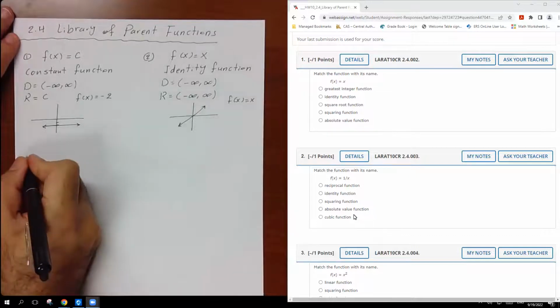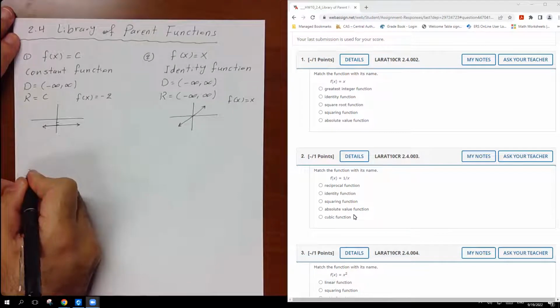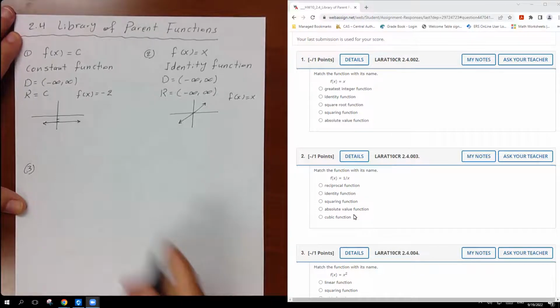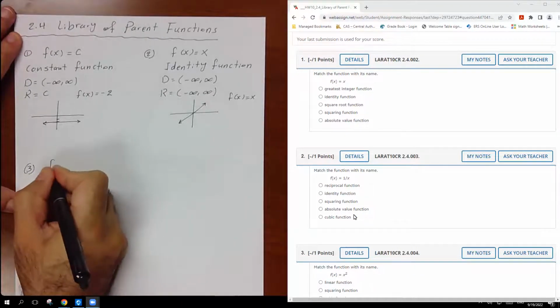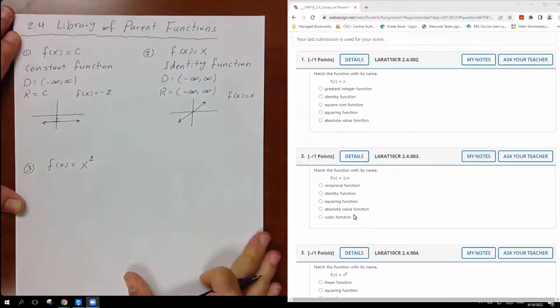The third one, let's do this one. F of x equal x squared. Now we have this function.